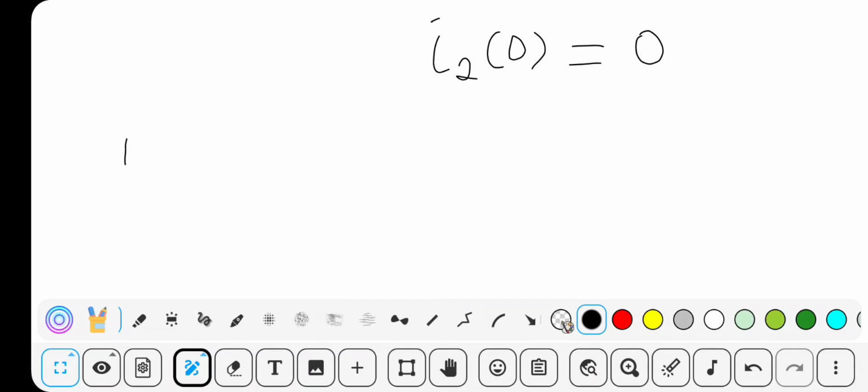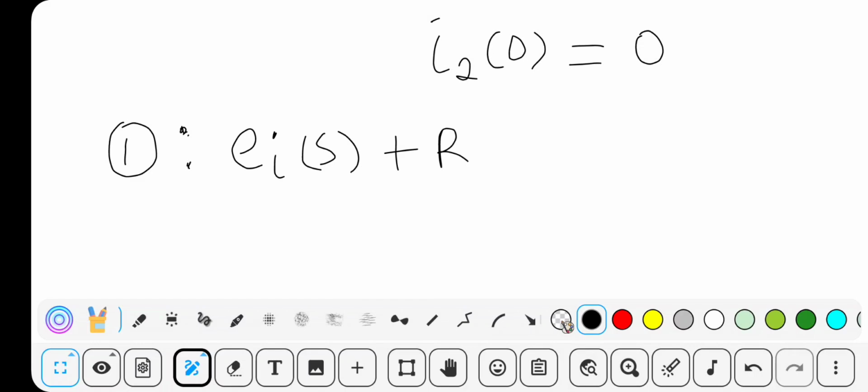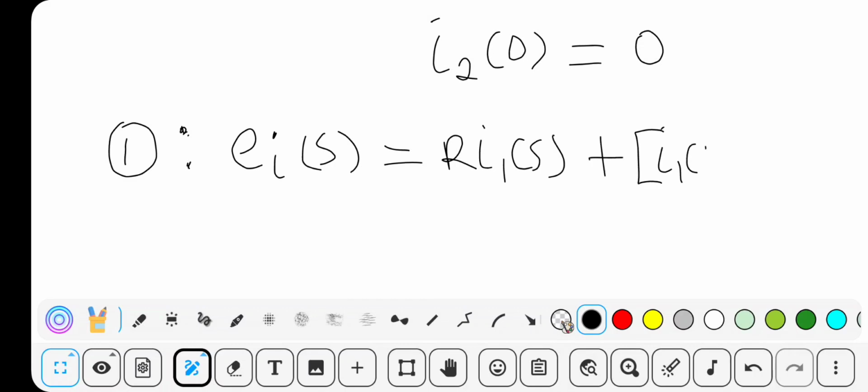So if you do that and substitute into all the equations, wherever you see I2 of 0, the new set of equations will be plus R equal to R resistor SC.